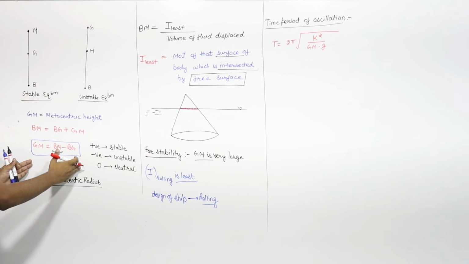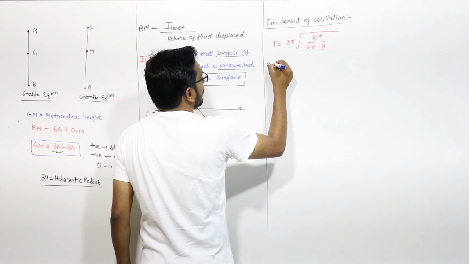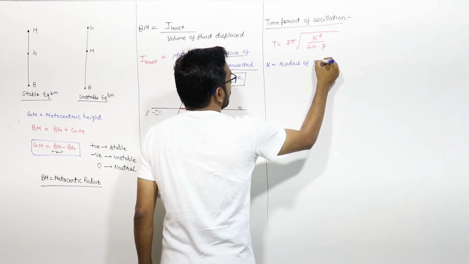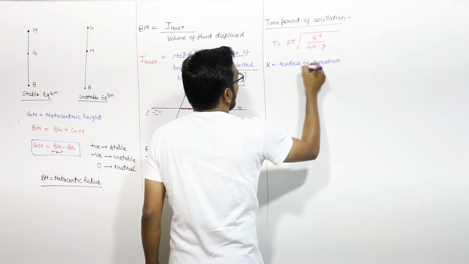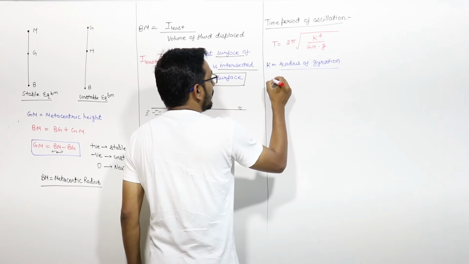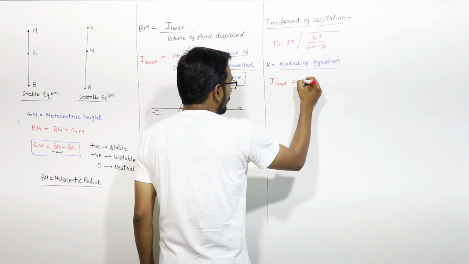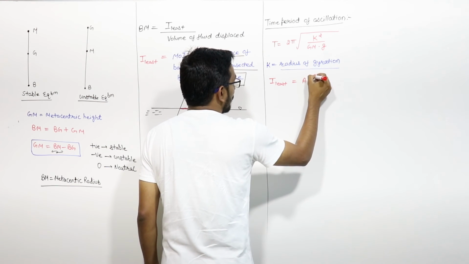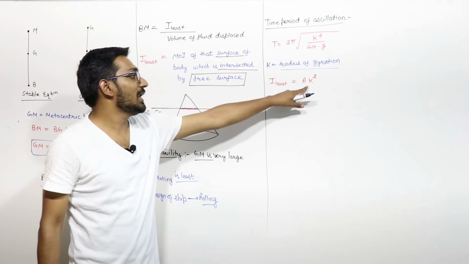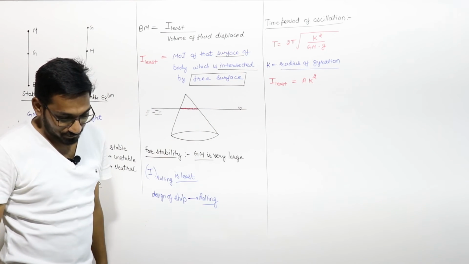GM, the metacentric height, you can calculate by this formula. g you know, and k is known as the radius of gyration, which you can easily calculate. You know that the least moment of inertia will be equal to area into k square. Area you know, I you know, so you will get k.